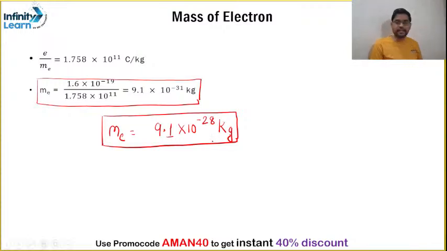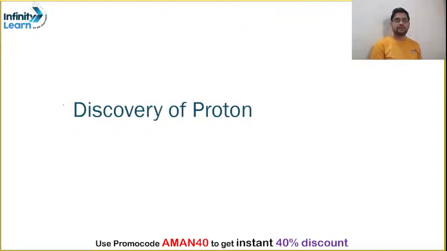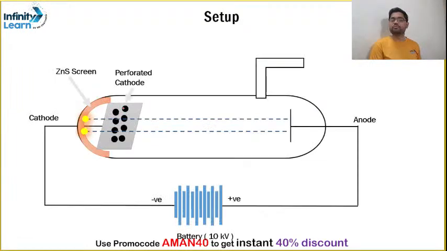If anyone has any doubts, please post it in the chat box. Next, talking about the discovery of proton. It was the same setup; the only thing that was changed was the perforated tube.